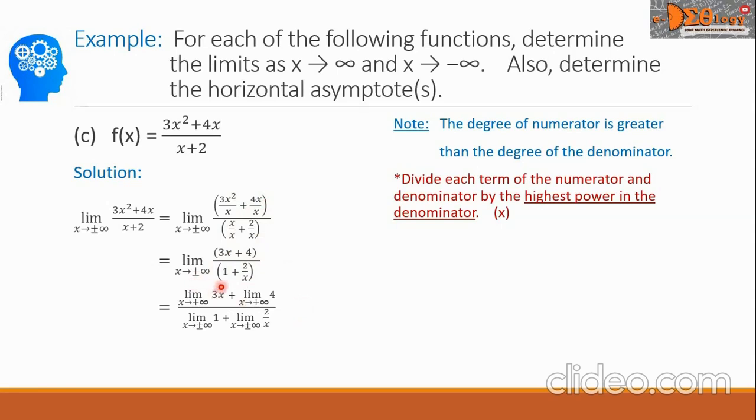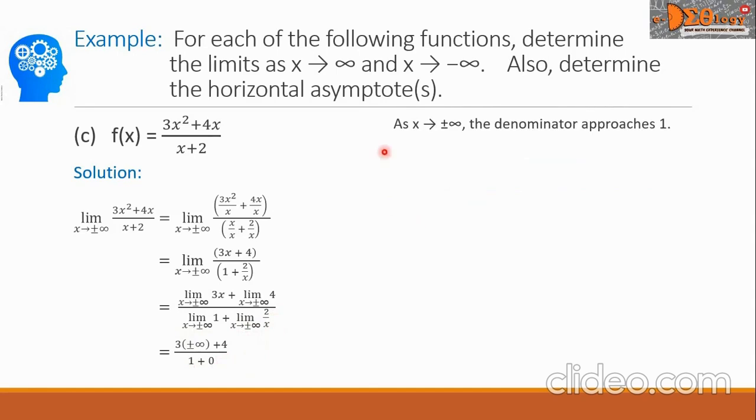The limit of 3x as x approaches plus or minus infinity, we write here 3 times plus or minus infinity. Then plus the limit of the constant 4 as x approaches plus or minus infinity is simply 4, all over the limit of the constant 1 as x approaches plus or minus infinity is simply 1, plus the limit of 2 over x as x approaches plus or minus infinity becomes 0.